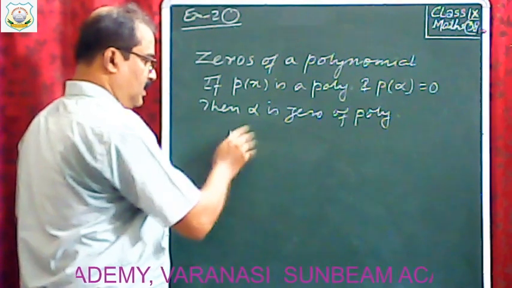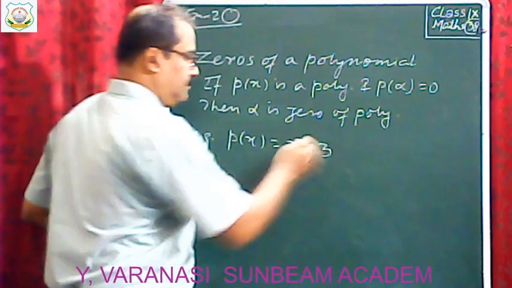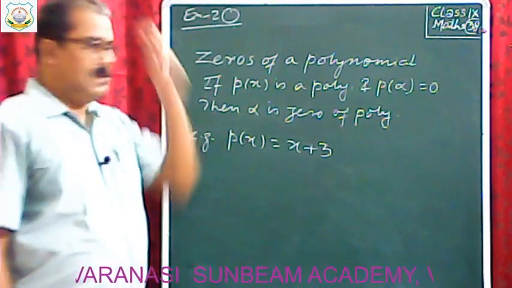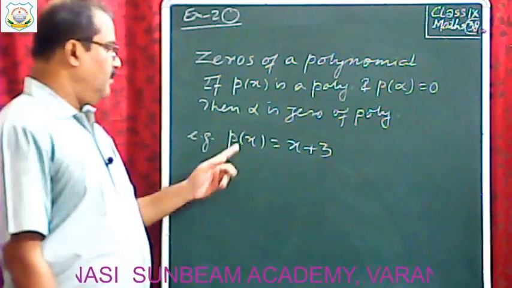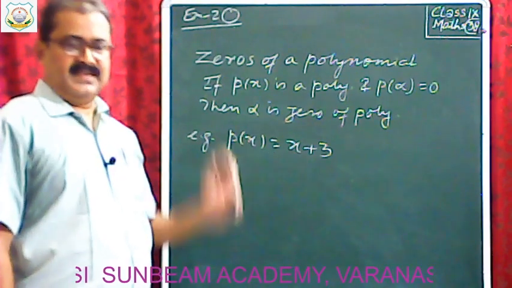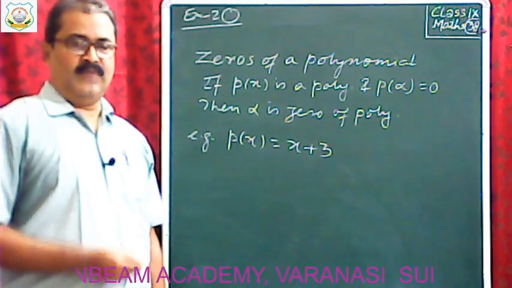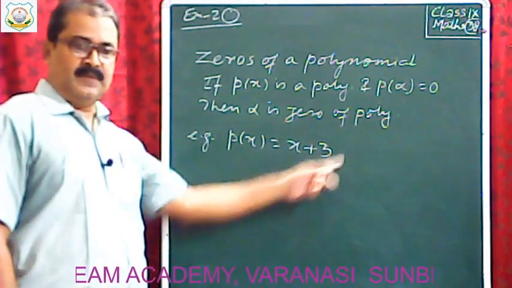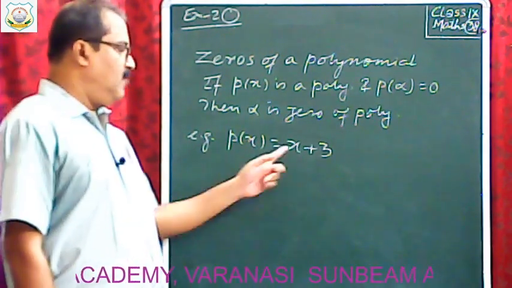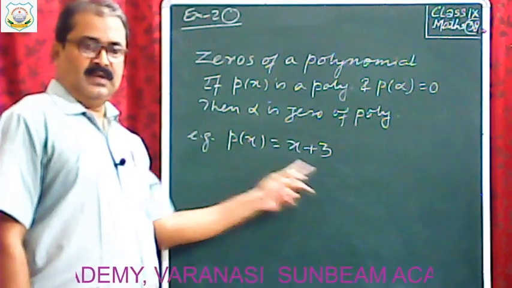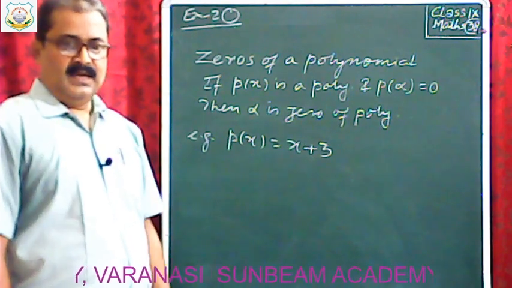Suppose p(x), for example, equals x plus 3. It's not a clear definition, so listen carefully with the example. p(x) is a polynomial that is equal to, suppose, x plus 3, and you have to find the zero of the polynomial. Means what? What value of the variable you have to substitute in place of x, so that after calculation the entire value of the given polynomial is 0.